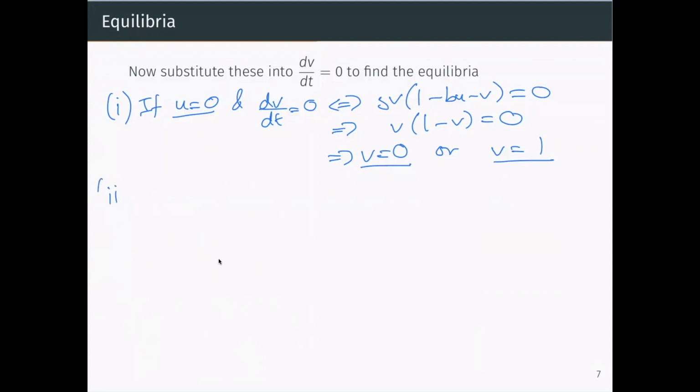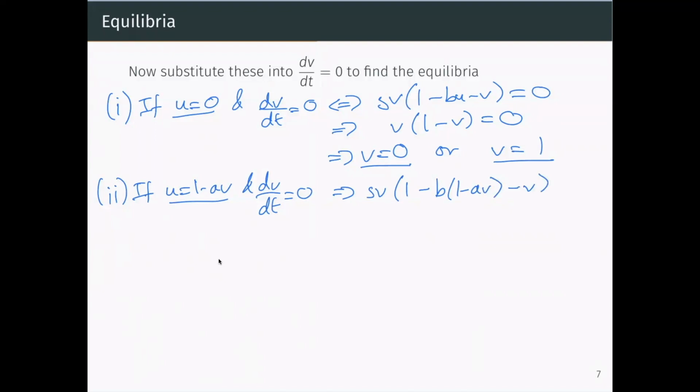Now let's think about the second scenario. If u is equal to 1 - av, this is the other null line from above, and dv/dt is equal to 0, then this time we're going to have, in fact, we'll have the s still out the front just for completeness here, s times v times (1 - b(1 - av) - v) equal to 0.